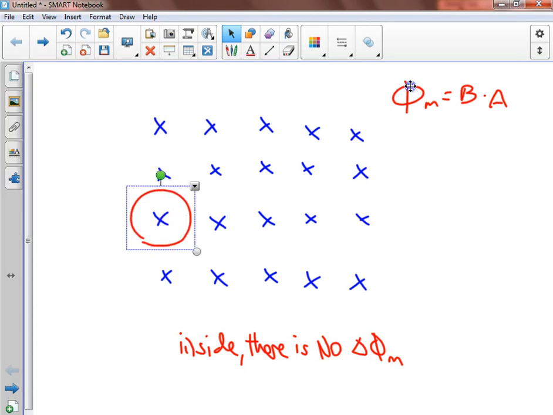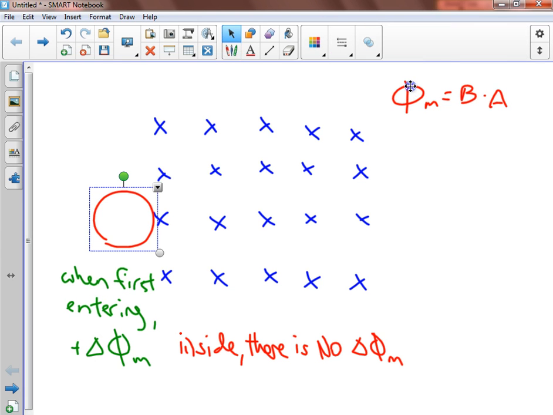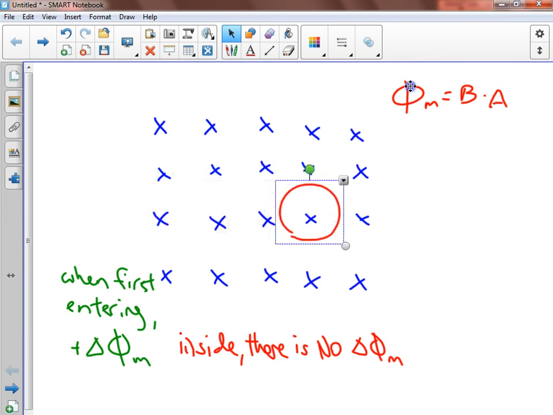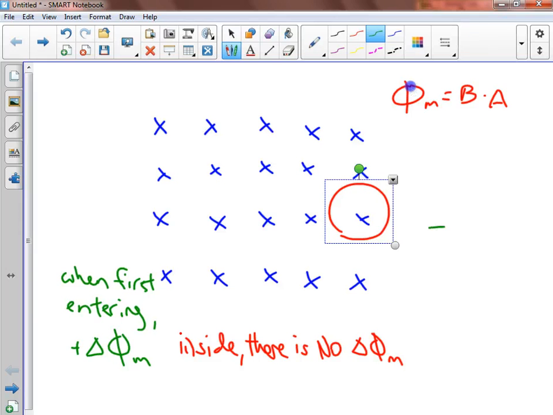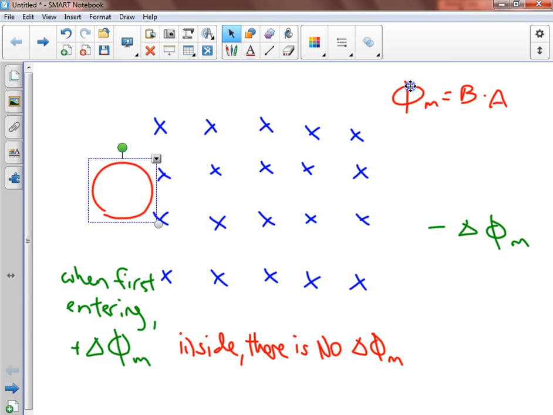When it's first entering the field, there is a positive increase in flux. And when it exits the field, there's going to be, over here, a negative change in flux, because ultimately, once it exits the field, it's going to be 0. So that means that as it's entering the field, the flux strength is getting stronger.